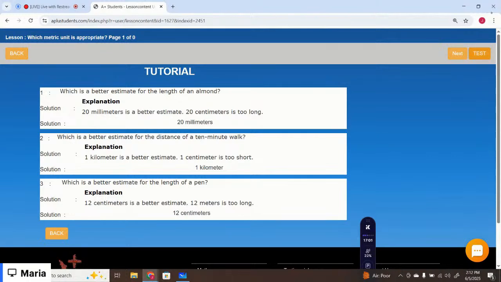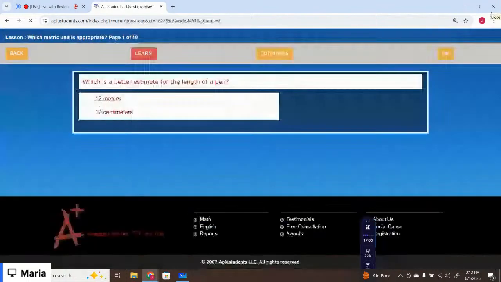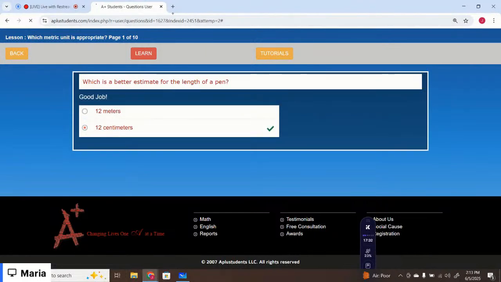Let's start with the test questions. Which is a better estimate for the length of a pen, 12 meters or 12 centimeters? The length of the pen must be 12 centimeters because 12 meters is too long for a pen.